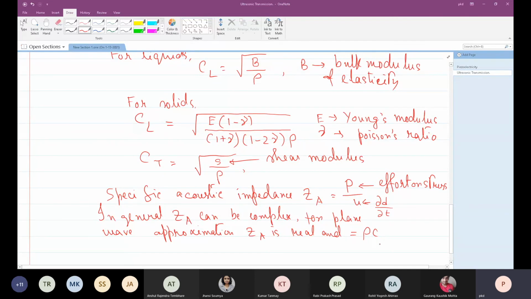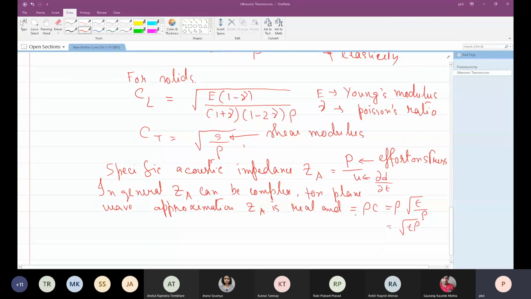And if you replace that velocity by the square root of elastic modulus by rho, then that becomes epsilon into rho, under the square root. That's what we have written earlier.